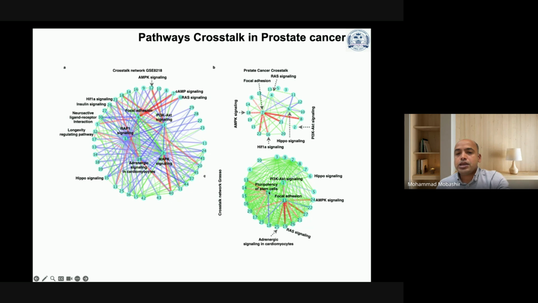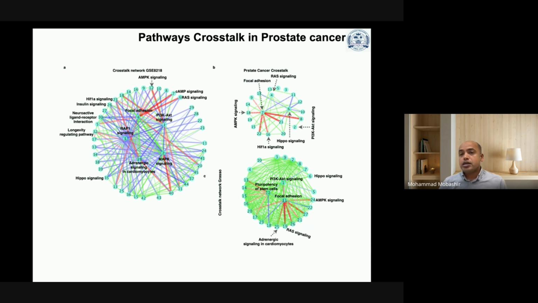Here, this data set is basically from TCGA, that is complete prostate cancer clinical samples. And here also you could see PI3K-AKT signaling, focal adhesion, AMPK signaling, hippo signaling. They are common between these. So it means the software is predicting quite accurately, very close to maximum accuracy in terms of output.